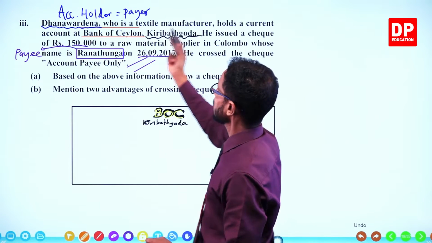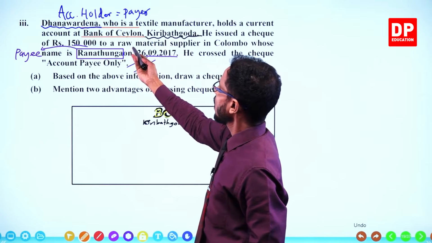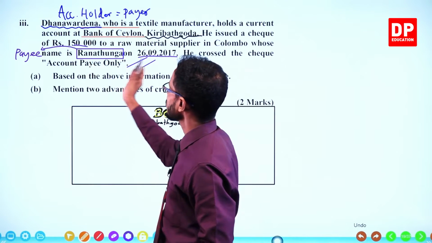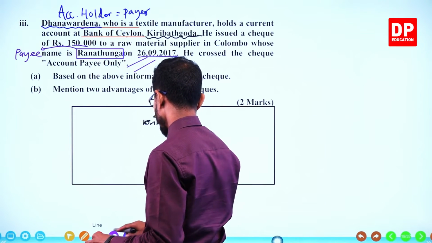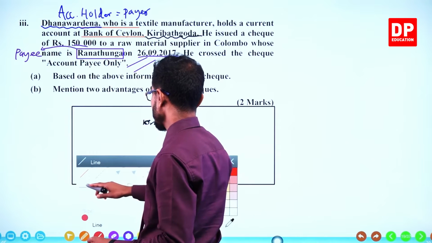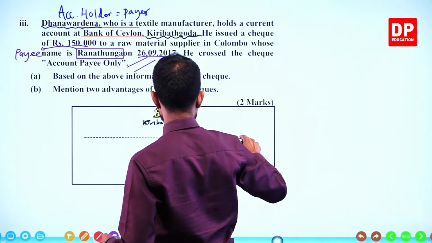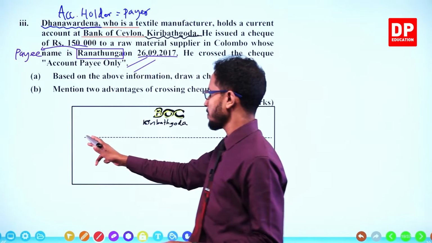He issued a check of 150,000 to a supplier in Colombo whose name is Ranatunga. Now, the next part is you have to write the payee's name. Payee's name should be on this type of line.